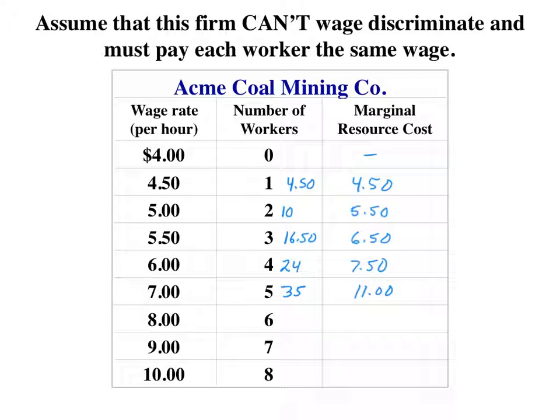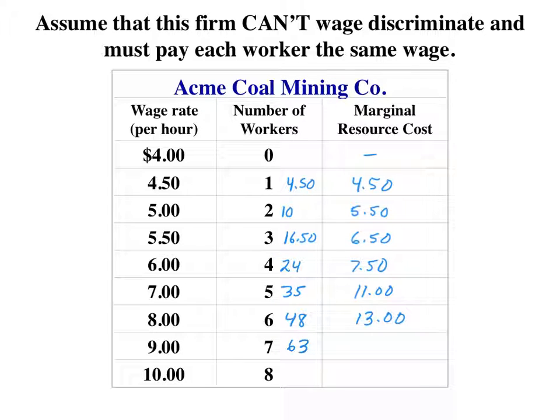If they hire 6 workers, they have to pay $8 an hour. That is a total of $48. So the marginal resource cost is $13. If they're going to hire 7 workers, they have to pay $9 an hour.